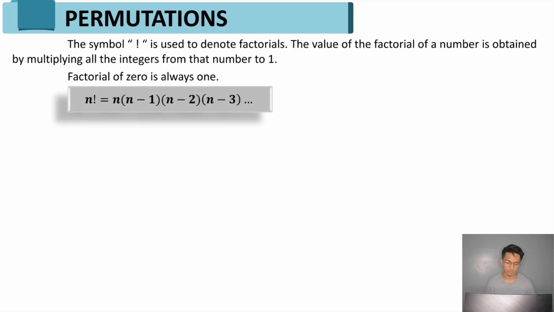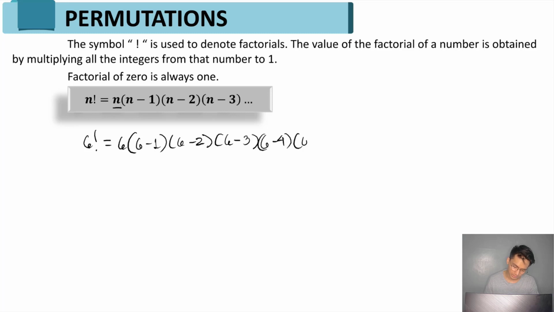This is our factorial. Kapag nakakita tayo ng any number, for example, we are going to solve the factorial of 6 or 6 factorial. So, ilagay natin ito, 6, 6 minus 1, 6 minus 2, 6 minus 3, 6 minus 4, 6 minus 5. Hindi na natin pwedeng ilagay na 6 minus 6, kasi magsi-0 na yun.